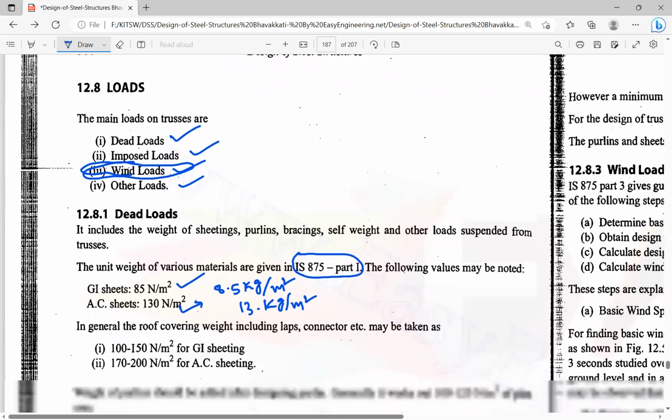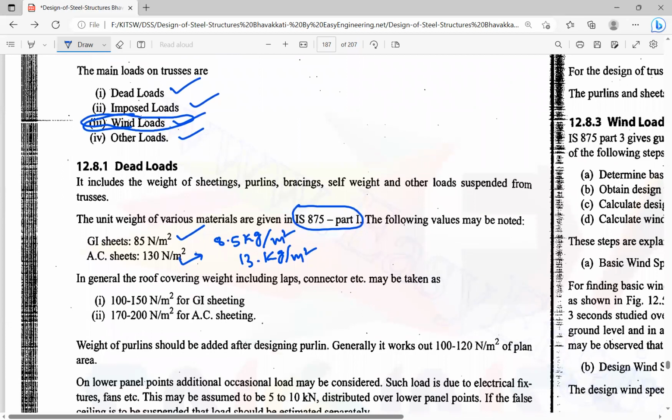In general, the roof covering weight including laps and connectors, including all the bolting, for GI sheet is 10 kg per meter square. For AC sheets it is 17 to 20 kg per meter square, or you can take 170 Newton per meter square, right?